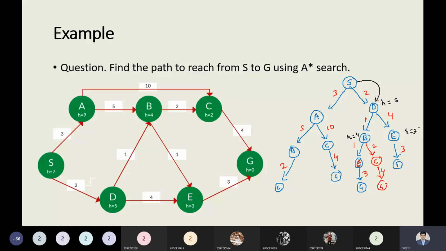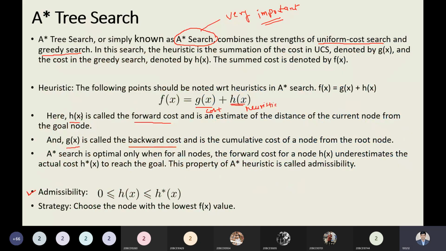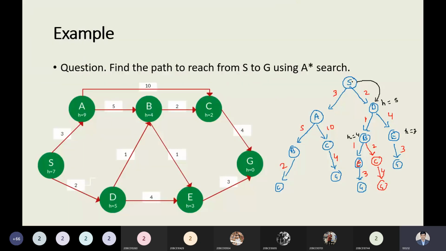Now go to the theory point. The following points should be noted with respect to the heuristic in A star: g(x) plus h(x), so you have to add. That is the addition you have to do. Now clear? Yes, sir. If I add 2 plus 5, it would be 7, so I can move to D.